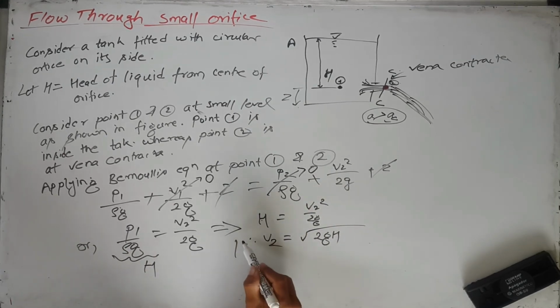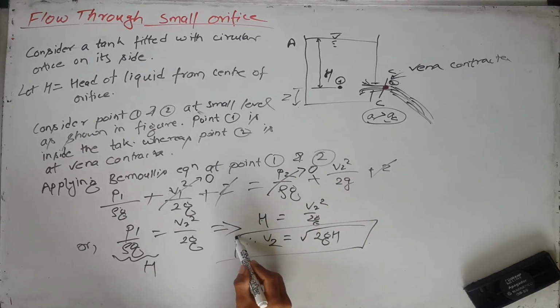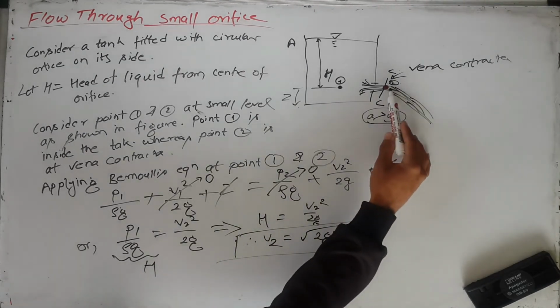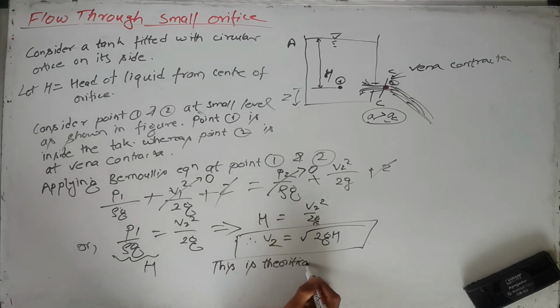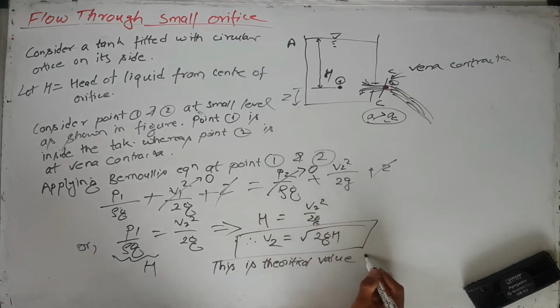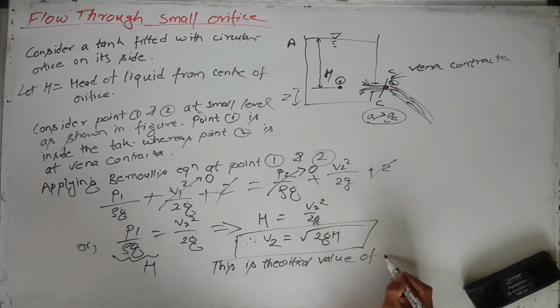This is the velocity of the flowing fluid at this point 2, vena contracta, and this is the theoretical value. Theoretical value of velocity.